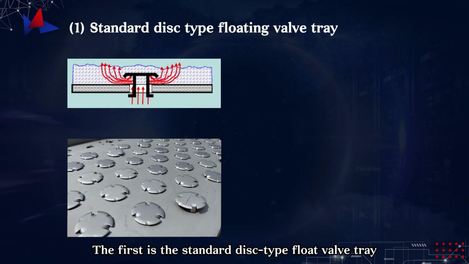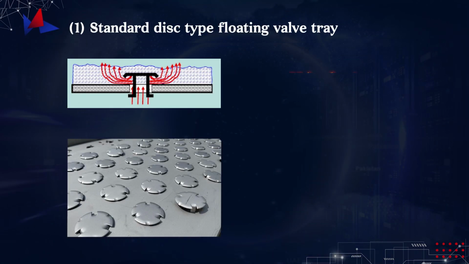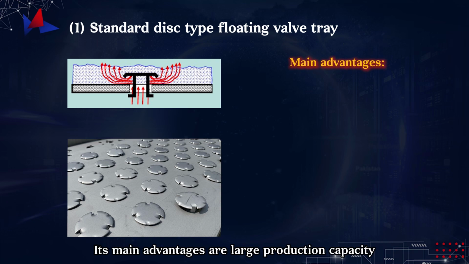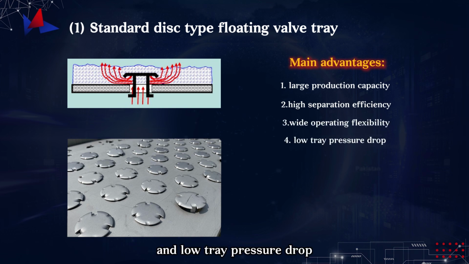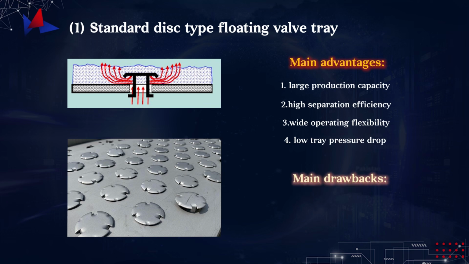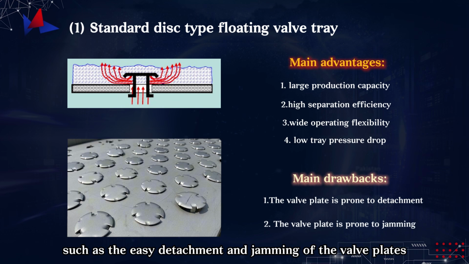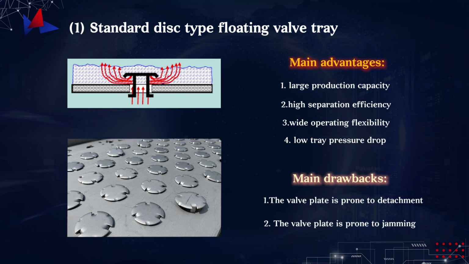The first is the standard disc-type float valve tray. Its main advantages are large production capacity, high separation efficiency, wide operating flexibility, and low tray pressure drop. However, it also has certain drawbacks, such as the easy detachment and jamming of the valve plates.